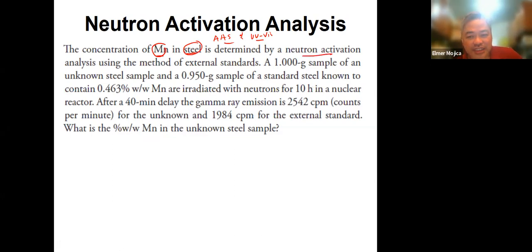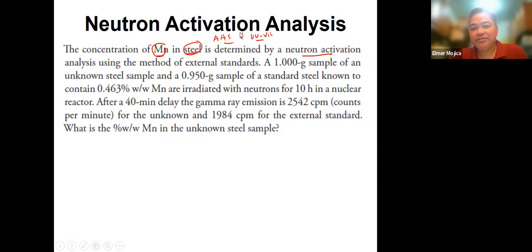In AAS, you usually dissolve your steel in nitric acid. And then if it's not colored, you can do AAS. If you want to generate color, maybe you convert your manganese to permanganate, which is colored, and then you can look at the absorbance.